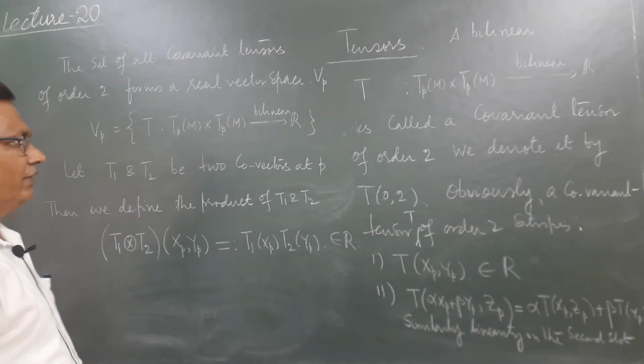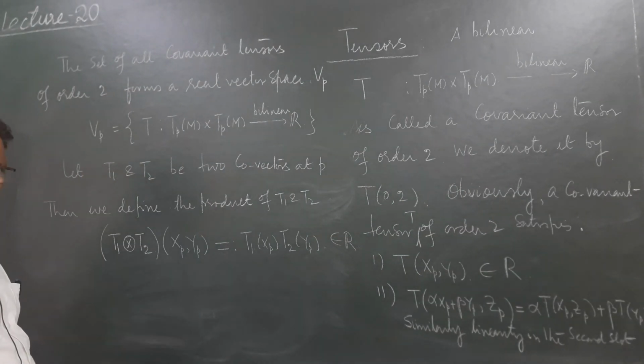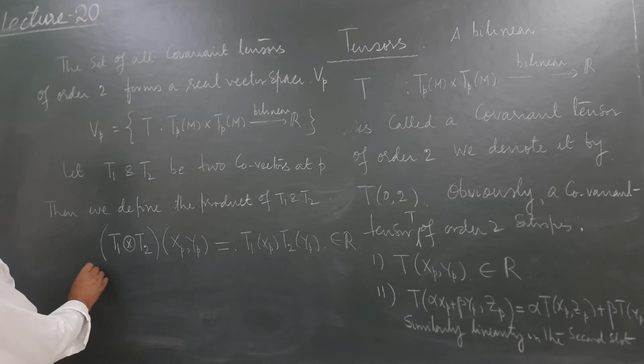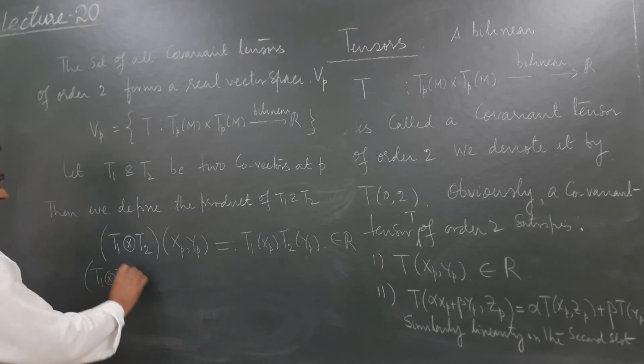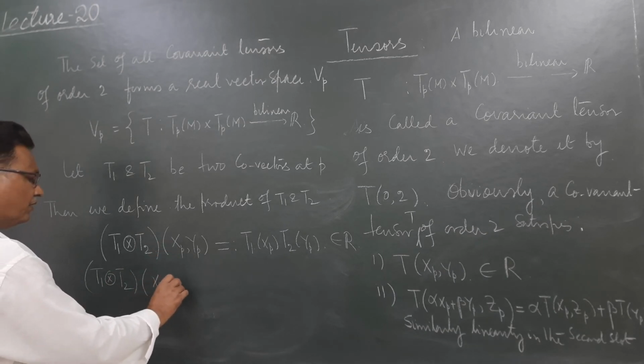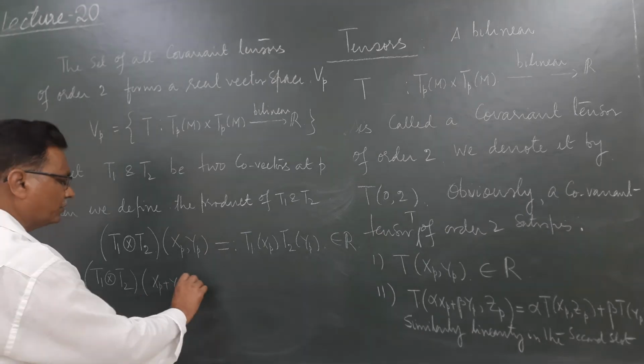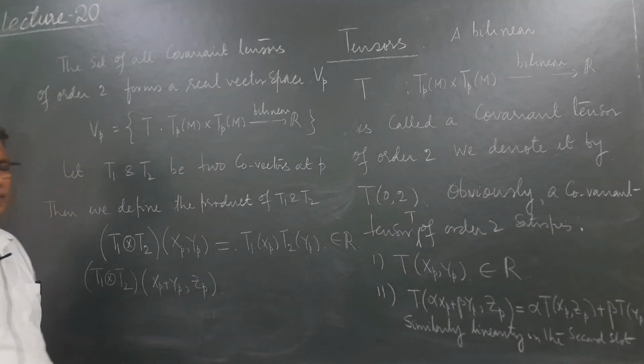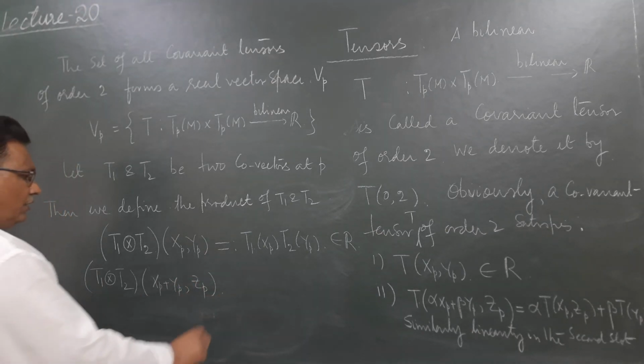Next, I will check whether it satisfies bilinearity or not. So for that, I will be checking. In place of xp, I will write xp plus yp, और सेकेंड स्लॉट में कुछ zp कर देता हूँ. So क्या होगा यहाँ पे?